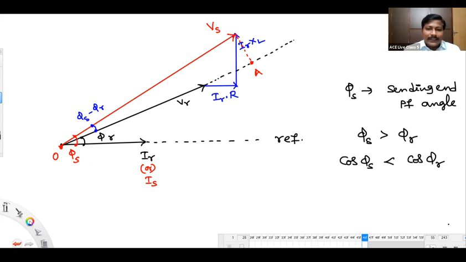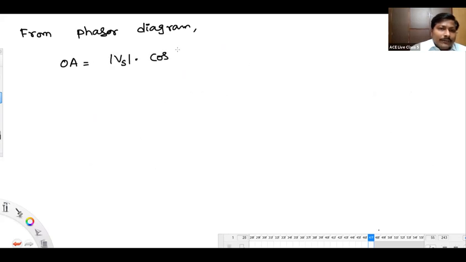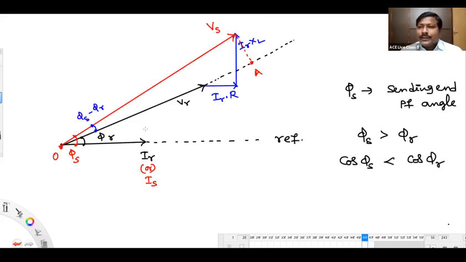Let me write on the next slide. From that phasor diagram, OA is equal to VS magnitude into cosine of phi s minus phi r.